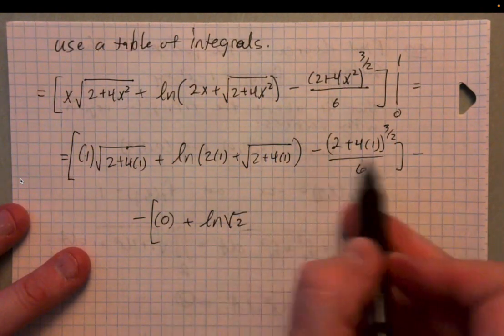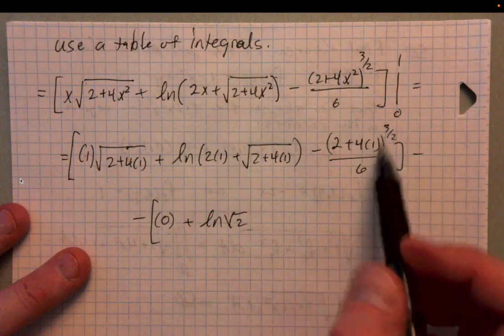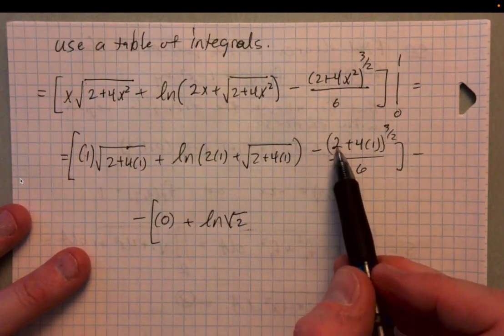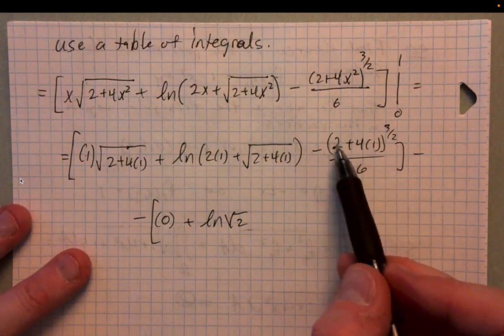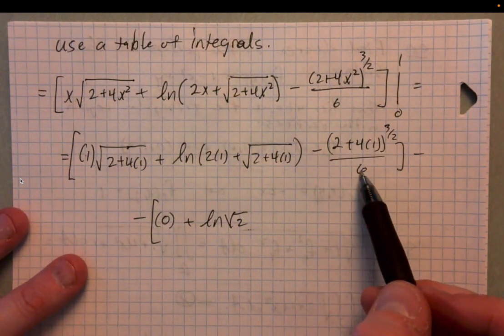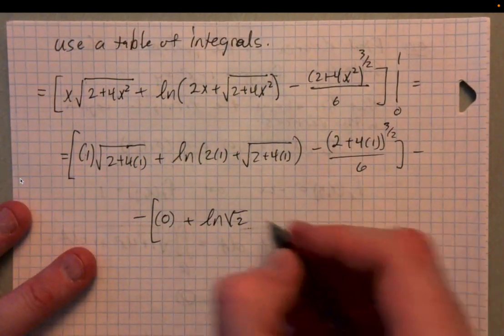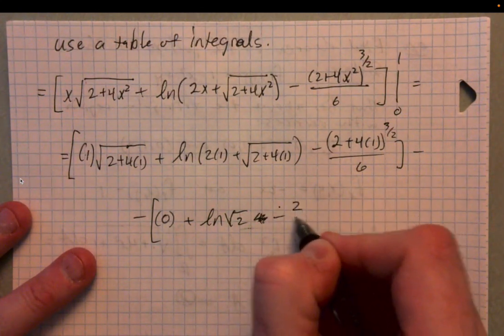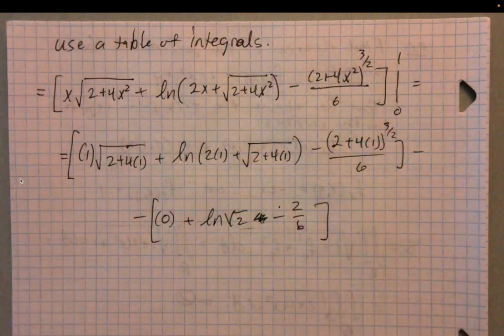Okay, and then in the last section here, you'd get minus 2 plus 0, so this would be 2/6. Okay. Sorry, minus. Like so.